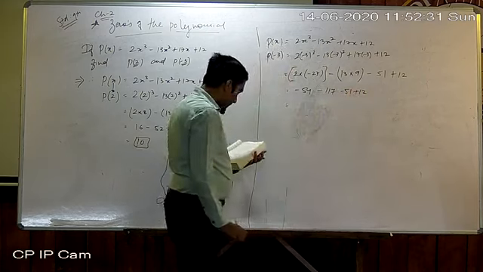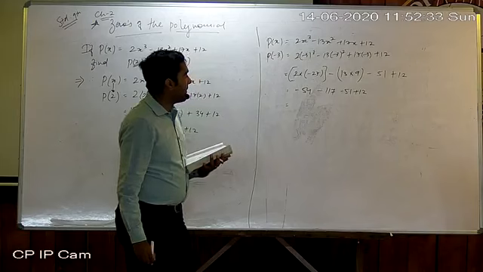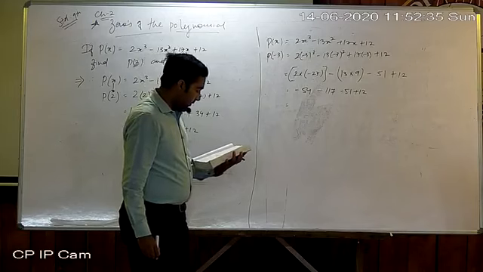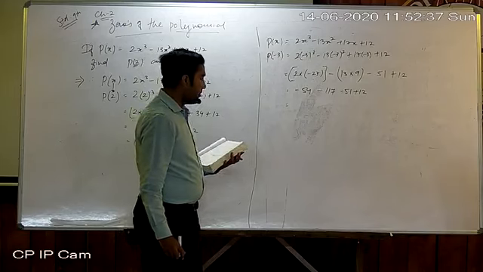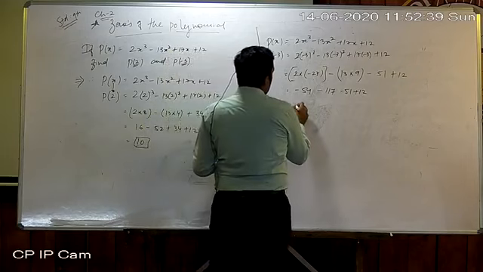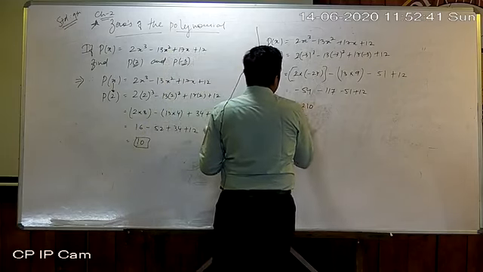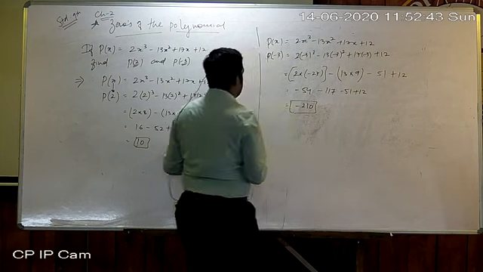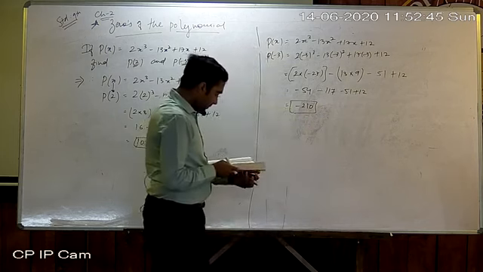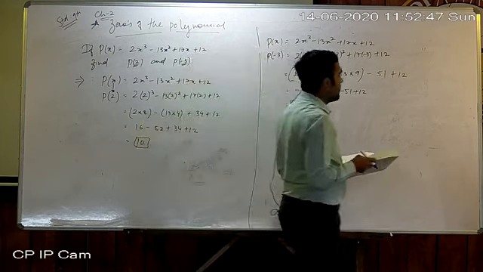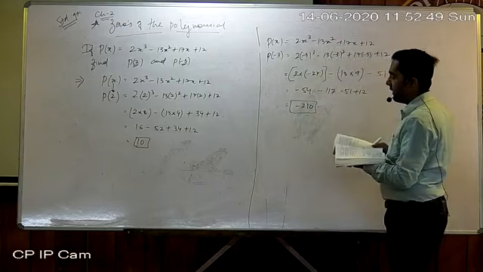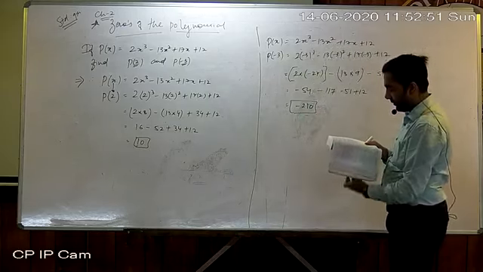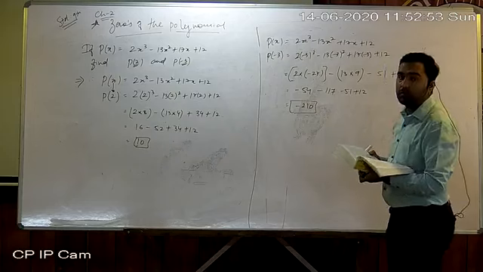So for this addition or subtraction, adding all the numbers, you get the answer as minus 210. Okay, the answer is minus 210. Clear, students?